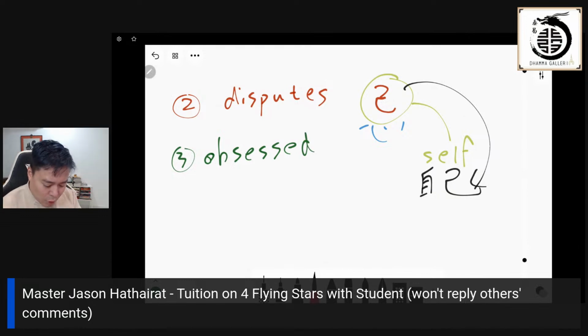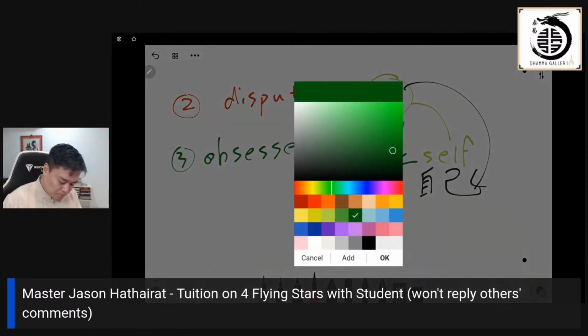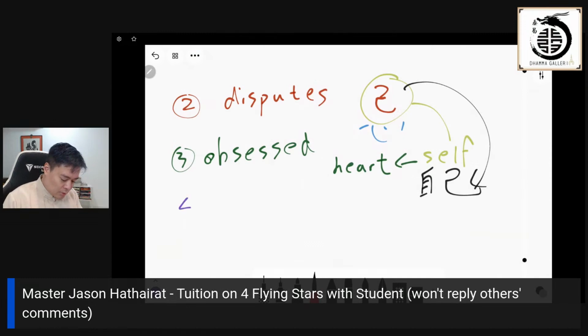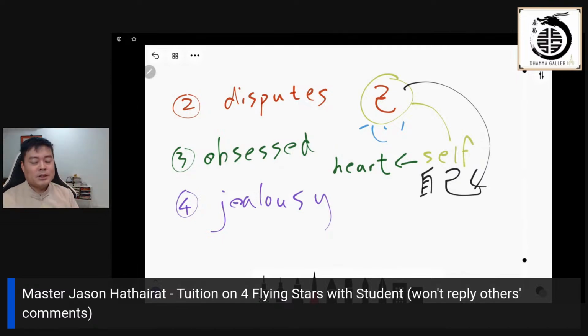Right? Wherever your heart is caring too much about is represented by the word 化忌. Thus, whatever you care too much about, you will usually bring about anxiety, disputes, or even jealousy. For example, you care so much about your girlfriend. Just an example, okay? Don't mind me. You have a girlfriend.